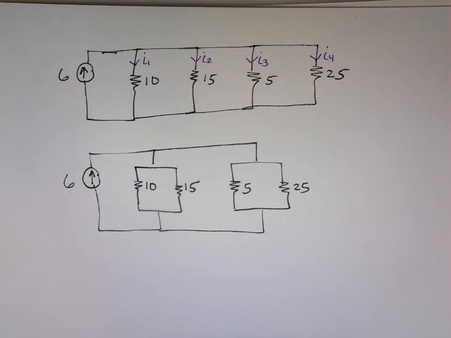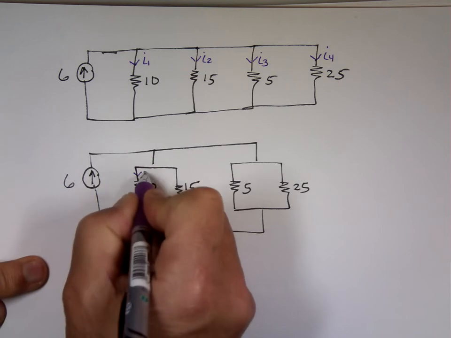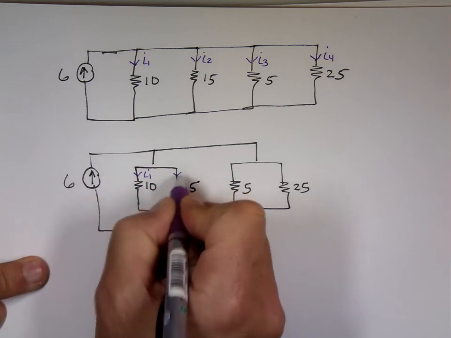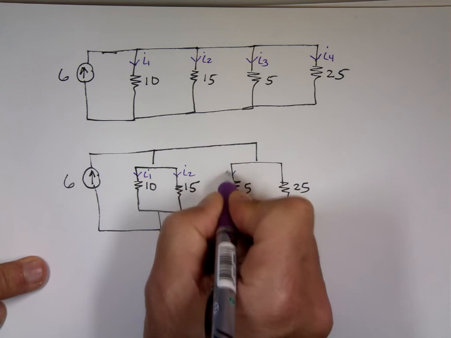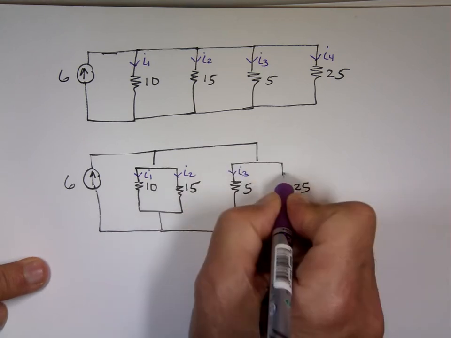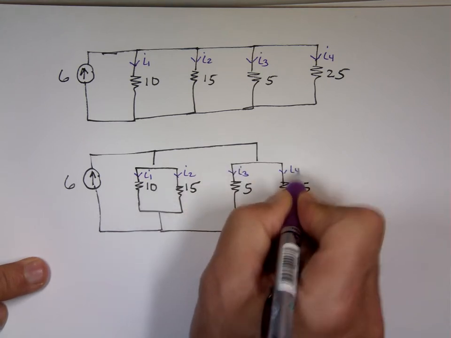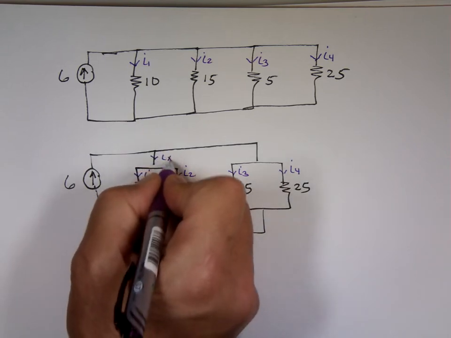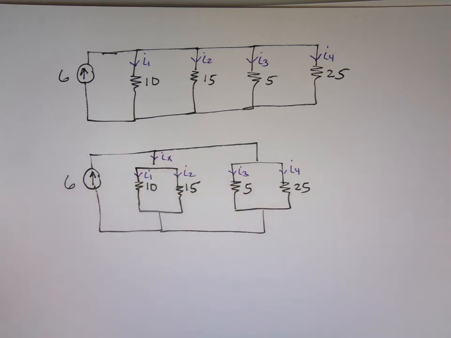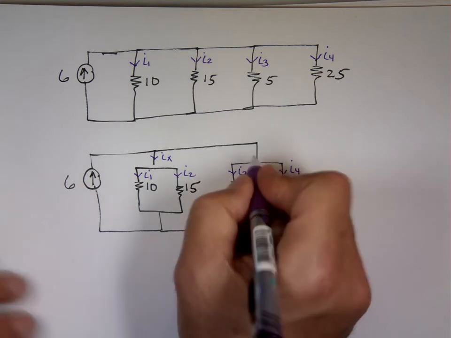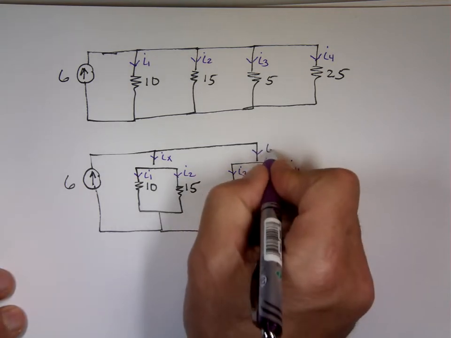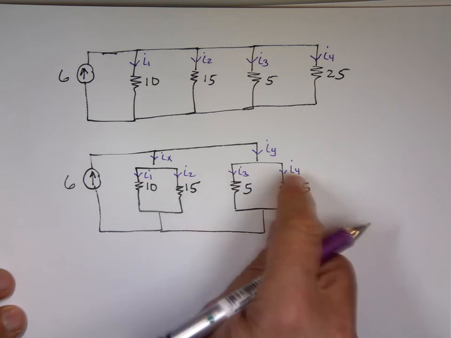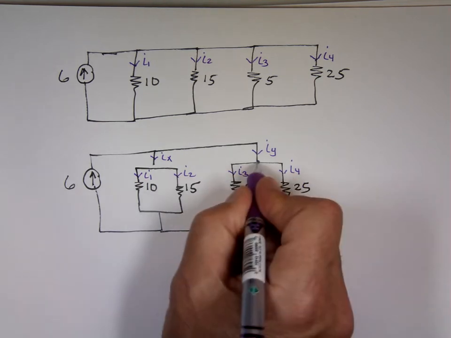That's still I sub 1. This is still I sub 2, no change here. This is I sub 3. This is I sub 4. This current here, I'm going to call it I sub x, which is the sum of 1 and 2. And this current here I'm going to call I sub y, which is the sum of this and that, because that's a node here, connecting these points.